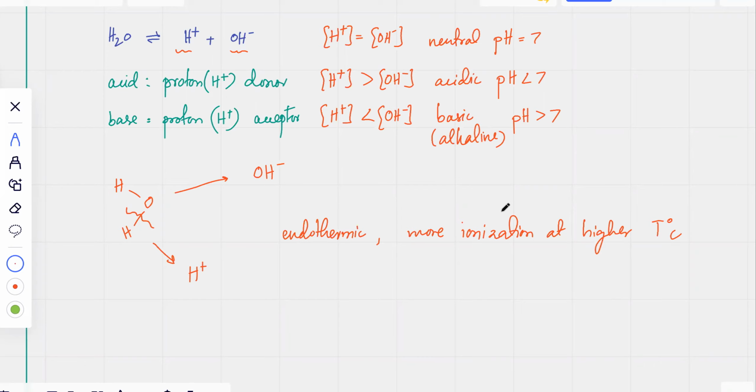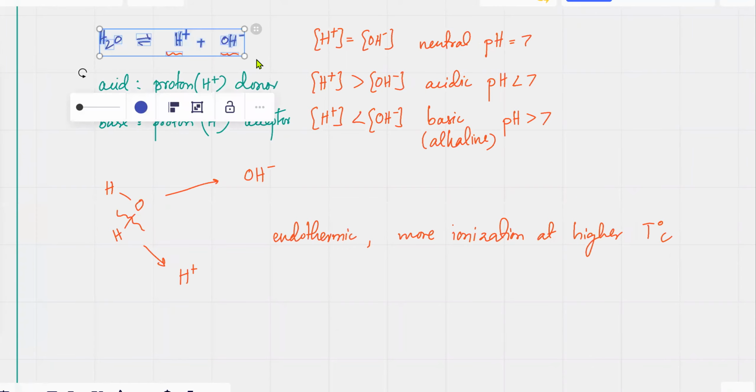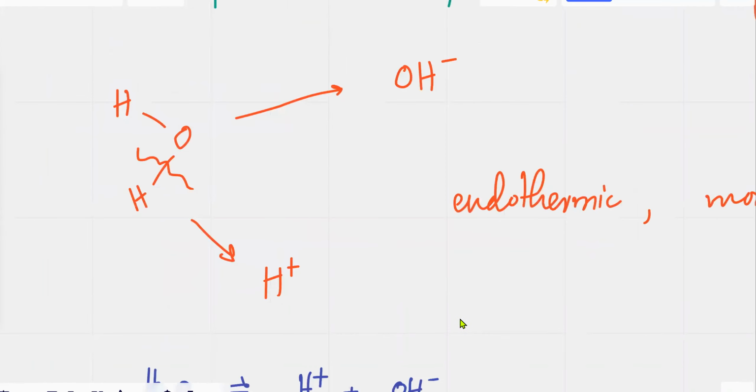So water would ionize and the bonds would break because of collisions. But remember this equation over here, the one that I'm trying to copy, this is an oversimplification. The drawing that I've drawn is an oversimplification. Why? Because water doesn't really ionize.